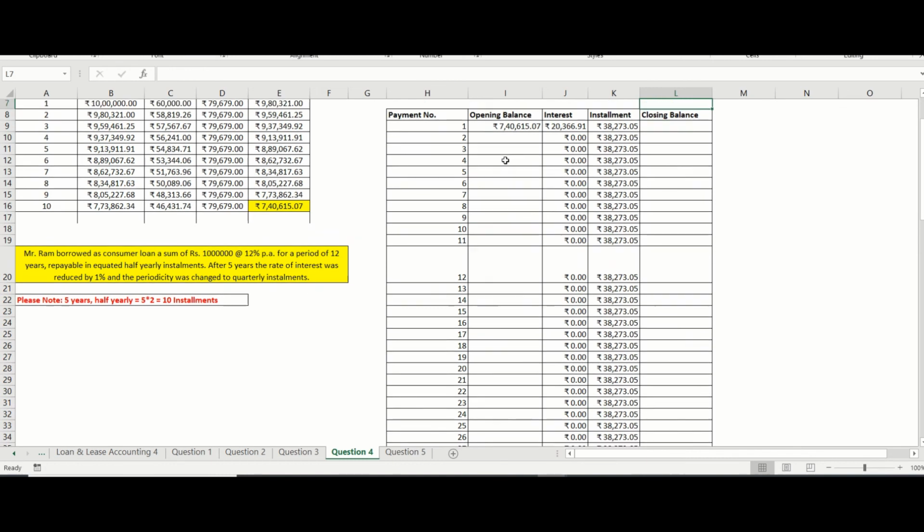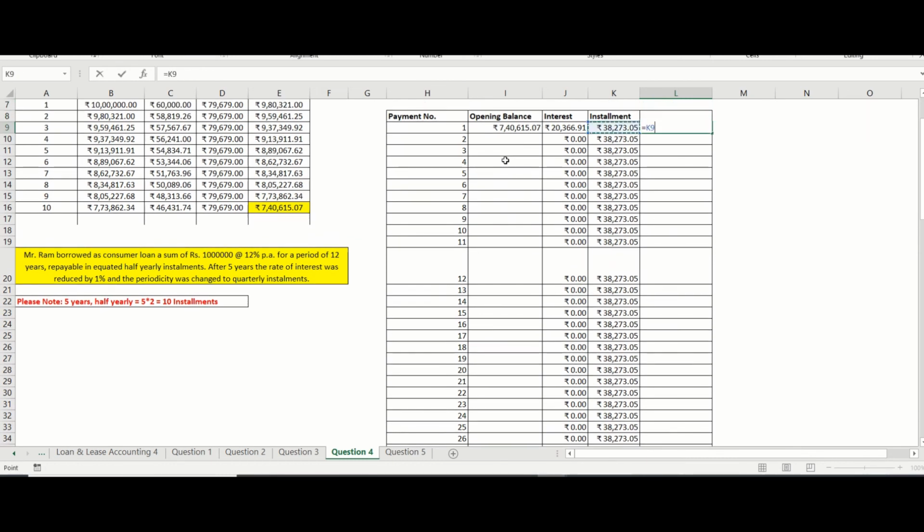Now we find out the closing balance. Opening balance plus interest minus installment, right?